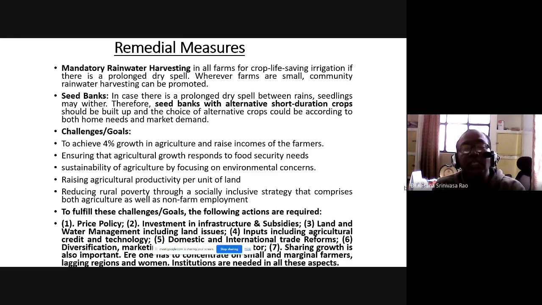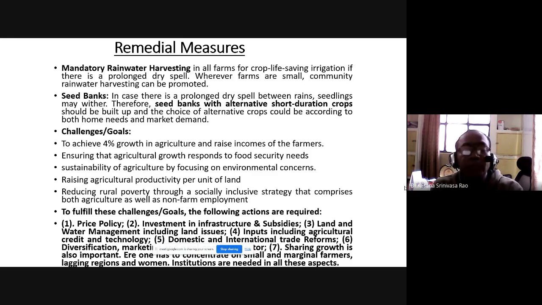To fulfill these challenges and goals, according to my perception, the price policy has to be streamlined and the prices should be more useful towards the farmers. Then investment in infrastructure and subsidies must continue.